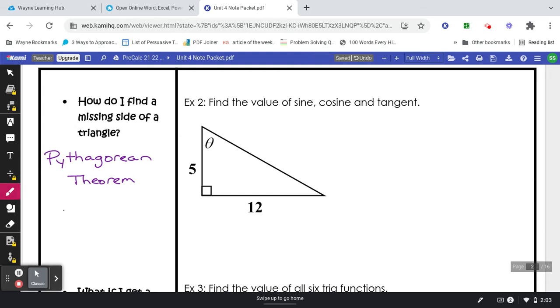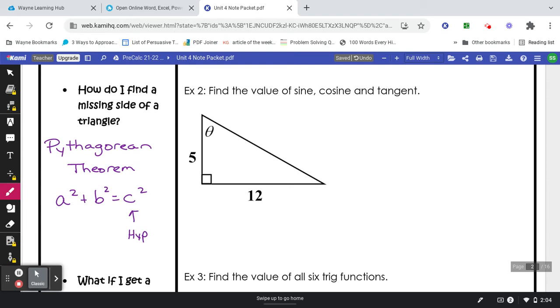All right, the Pythagorean theorem, a squared plus b squared equals c squared. And the c has to be the hypotenuse. So the theta, notice, is in that top left corner this time. So the opposite side would be the 12.